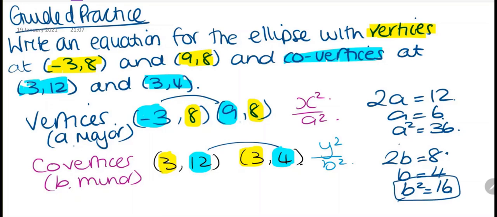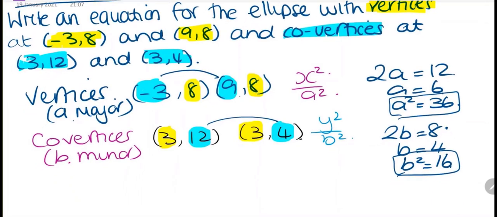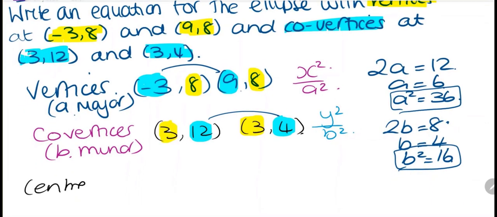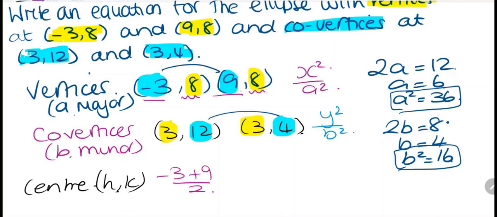The next thing we need to find is the center, h and k. We can find the midpoint of the vertices. So we're looking at the midpoint of -3 and 9, so -3 plus 9 divided by 2, and the midpoint of 8 and 8, so 8 plus 8 divided by 2.